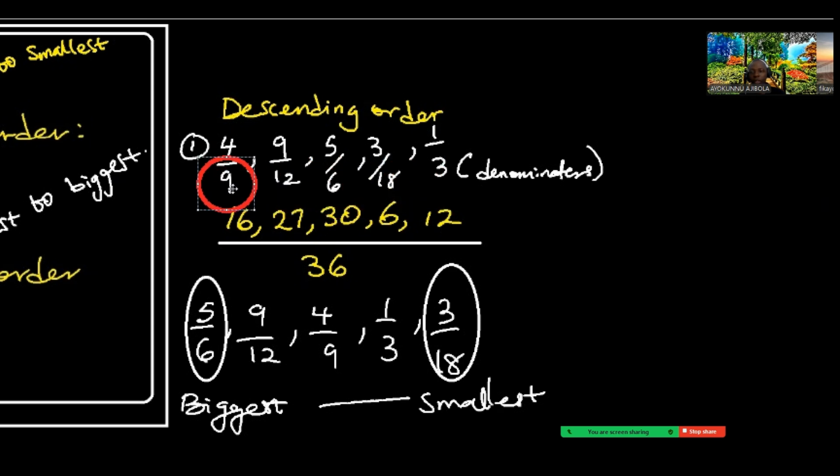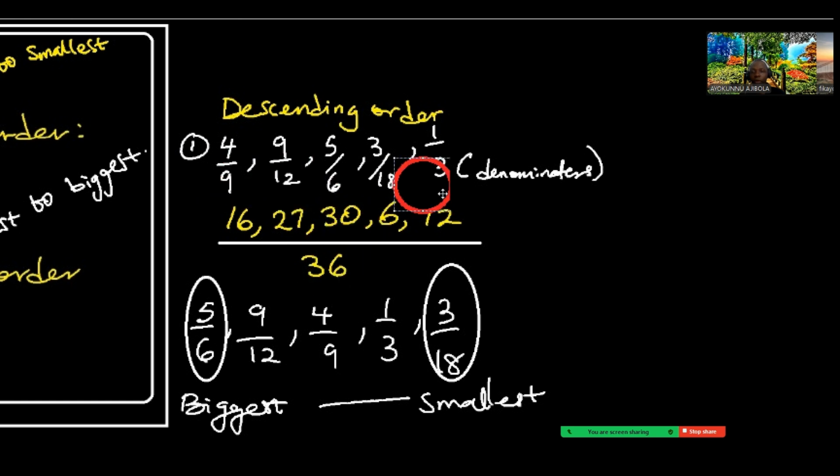Mention all the denominators. 9, 12, 6, 18, and 3. Good. Which one is the biggest among them? 12. Is 12 bigger than 18? Oh, no, 18. Good.